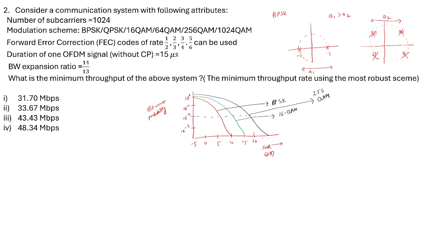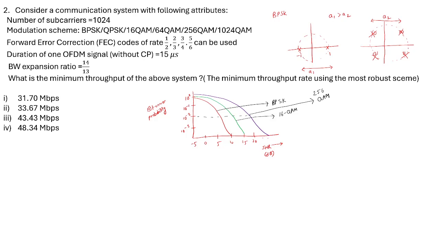It is going to result in low throughput, but it is more robust in that sense. Robust corresponds to the case where reliability is very high, that is, your bit error probability is low.